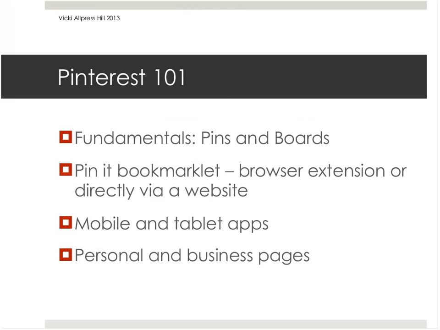So if we just go back to the presentation, they took a wee while to get there, but they do now have very good mobile and tablet apps. What tends to happen, or what the experience is with Pinterest, is that people do their browsing on a desktop because there is so much visual content.